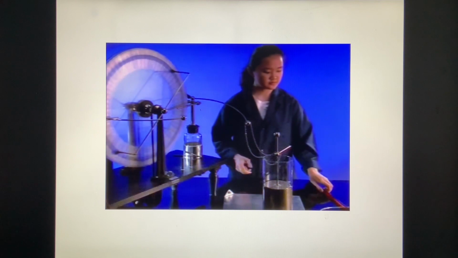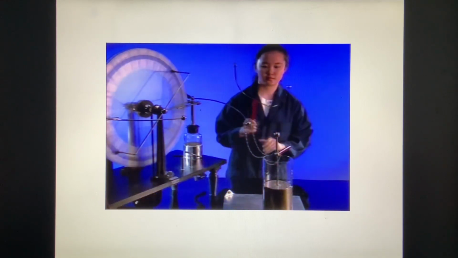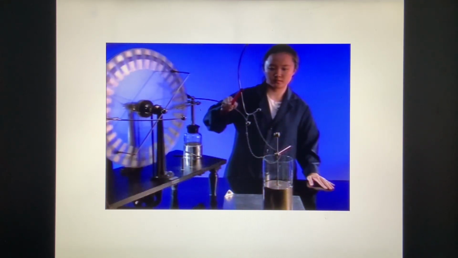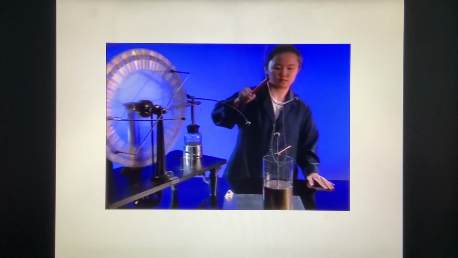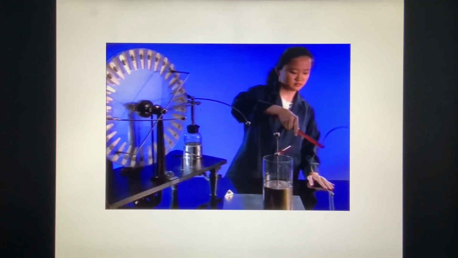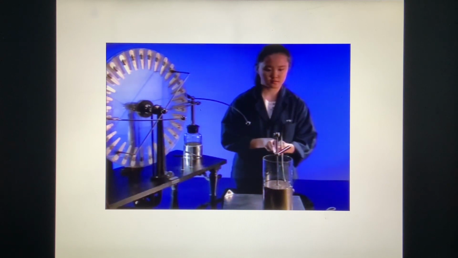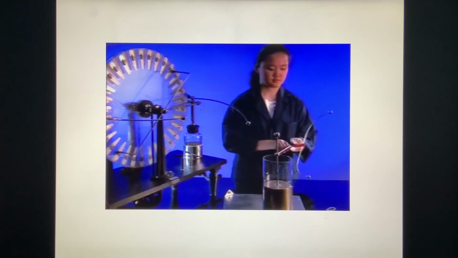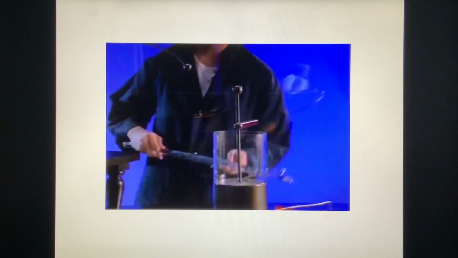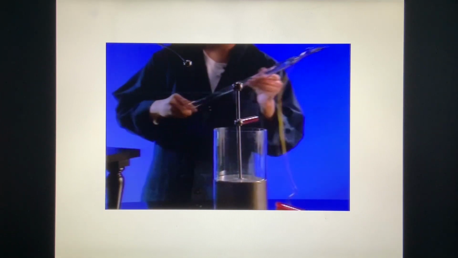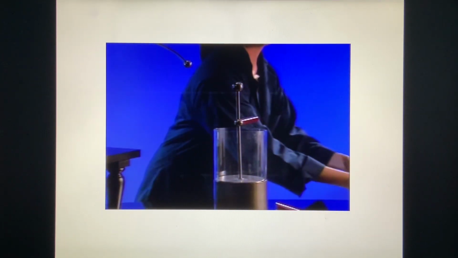When this Leyden jar holds a charge, a potential difference exists between the two plates of the jar. We can alternately ground each of the plates, yet the charge on the jar is still there.